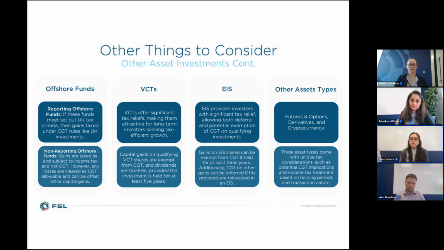And then moving on to other asset types, so futures and options, derivatives, and cryptocurrencies. So again, all of these are available for you to do outside of CGIX, obviously, but we can also do them within CGIX as well.